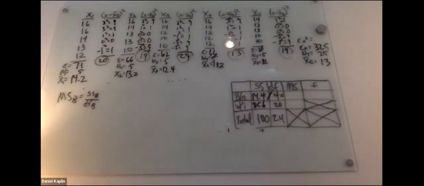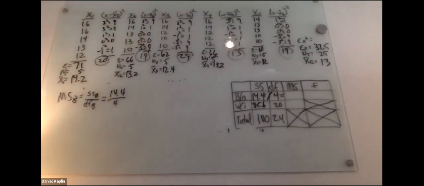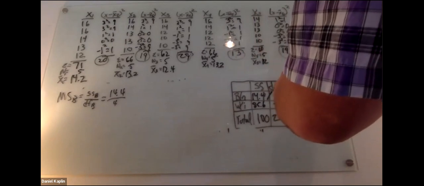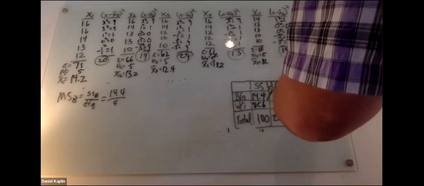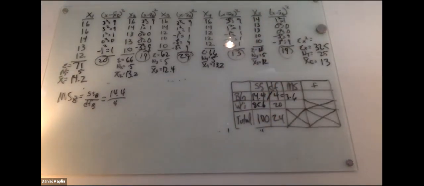Now, if we look at the table, all that is just dividing these two numbers. So if we take 14.4 and divide that by 4, what do we get? 14.4 divided by 4 gives us 3.6. Okay. So now the next thing we need to do is calculate our mean squares within groups.